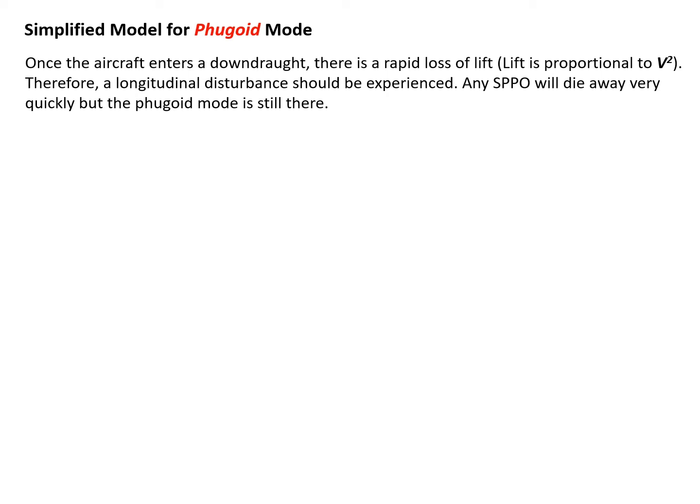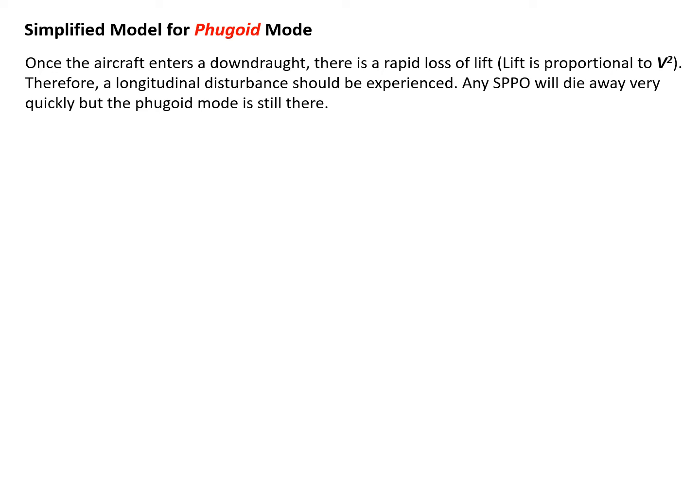Since there is a longitudinal disturbance, it will cause longitudinal instabilities. And we know for the longitudinal instability, we have the short period pitching oscillation and the phugoid mode. The SPPO, short period oscillation, will be damped out very quickly.